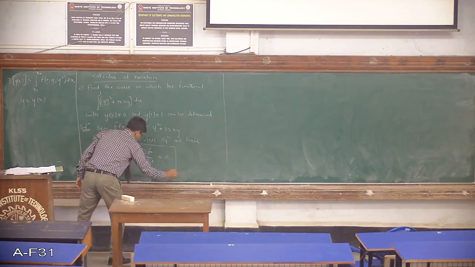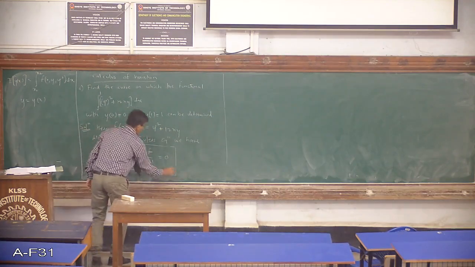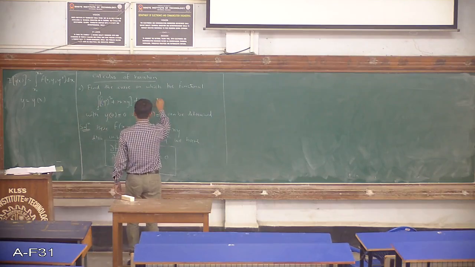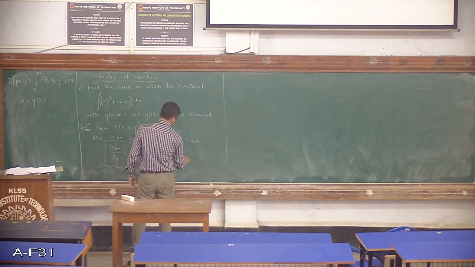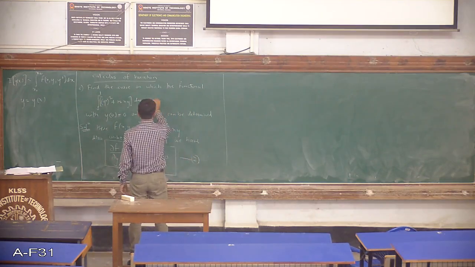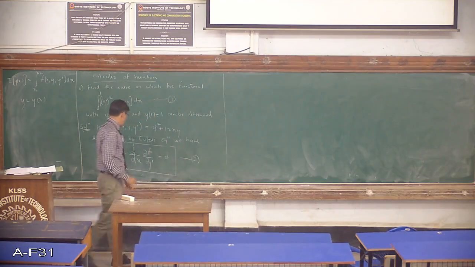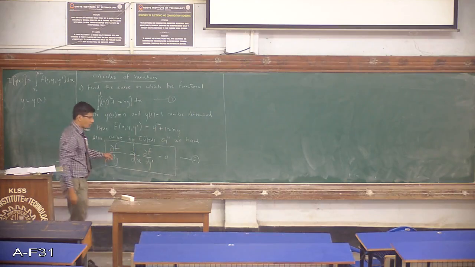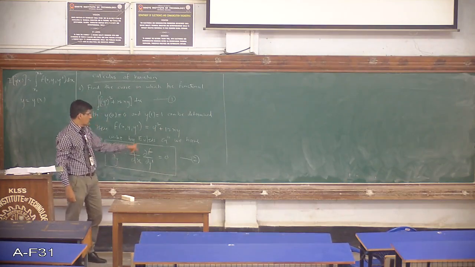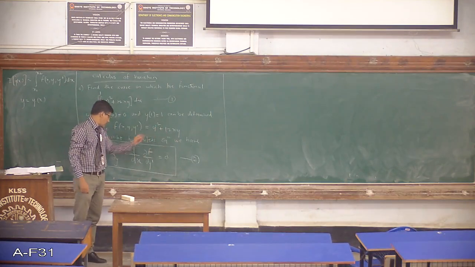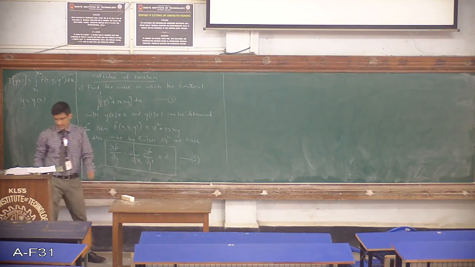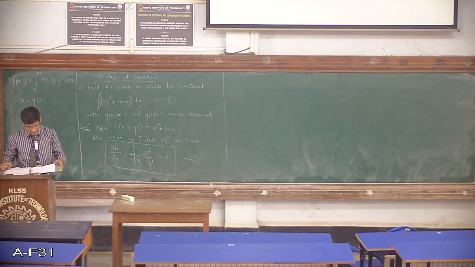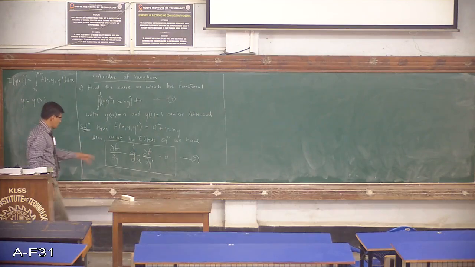So this is your equation 2. You can consider this as equation 1, okay, and this is as equation 2. So what you need to do is, see here, you need to find the value of dou f by dou y, since it is independent, so you have all the values, right?